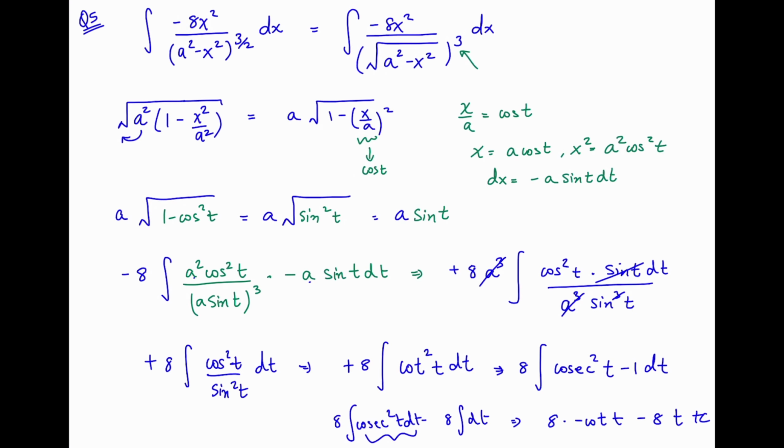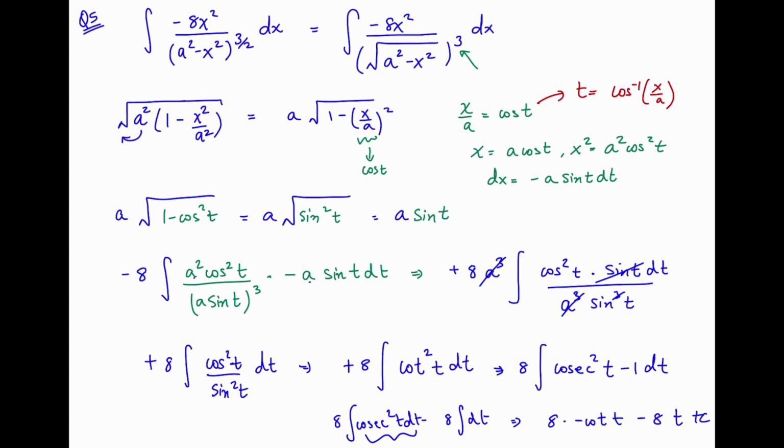So we're looking at negative 8 cot t minus 8t plus c. Coming back here, t equals inverse cos of x over a. So when you take that thing, you plug back.